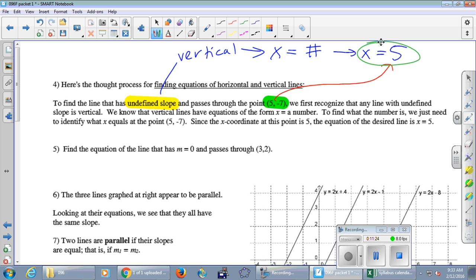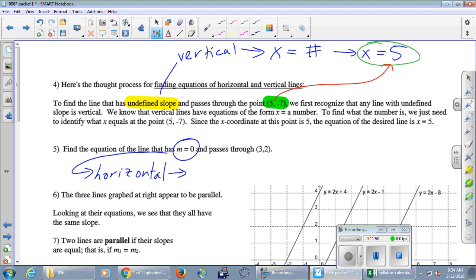Find the equation of the line that has m equals 0 and passes through (3, 2). Let's play the same game in terms of translating. m equals 0, that's one of our two special ones. Which one is it? That's horizontal. Horizontal lines always have a special form for their equation.